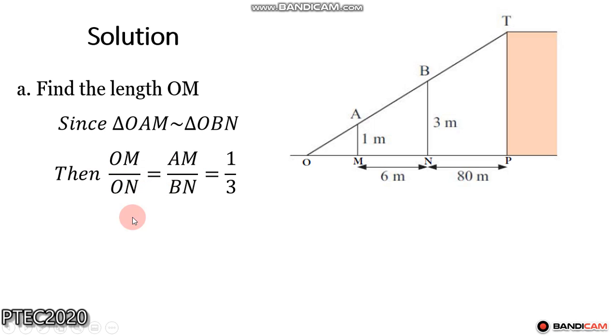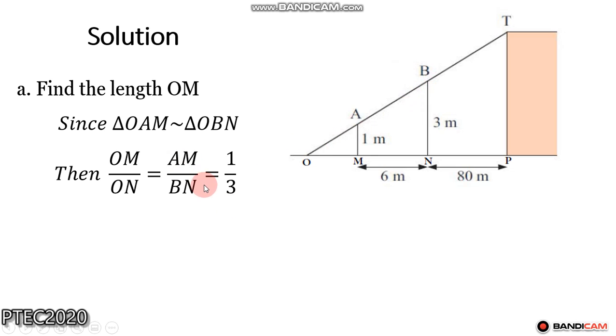However, we don't need to give all three corresponding sides in proportion, because for some of the corresponding sides we don't know the length. For example, OA and OB, we don't know the length of OA or OB.